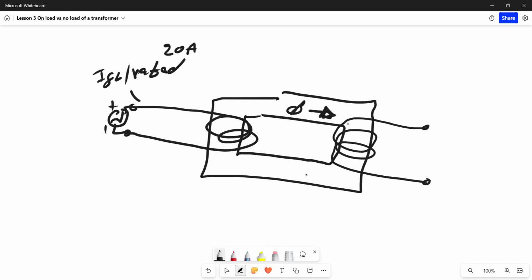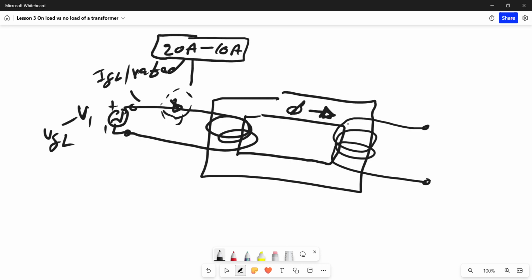I'm just giving an example. What this means is that for V1 to release more current, it will release an extra current. Maybe this extra current will be 10 amps, for example, meaning the total current that will flow will no longer be 20, it will be 30 amp.